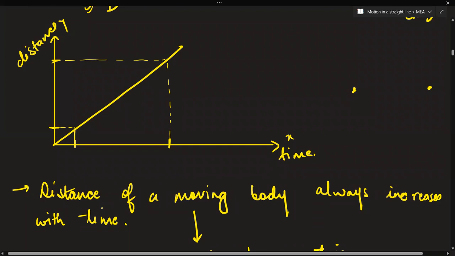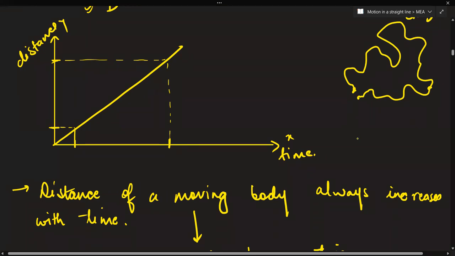Now, some body has covered a path like this, but now it is coming near the start and it has stopped. Such an abrupt random path it has covered.